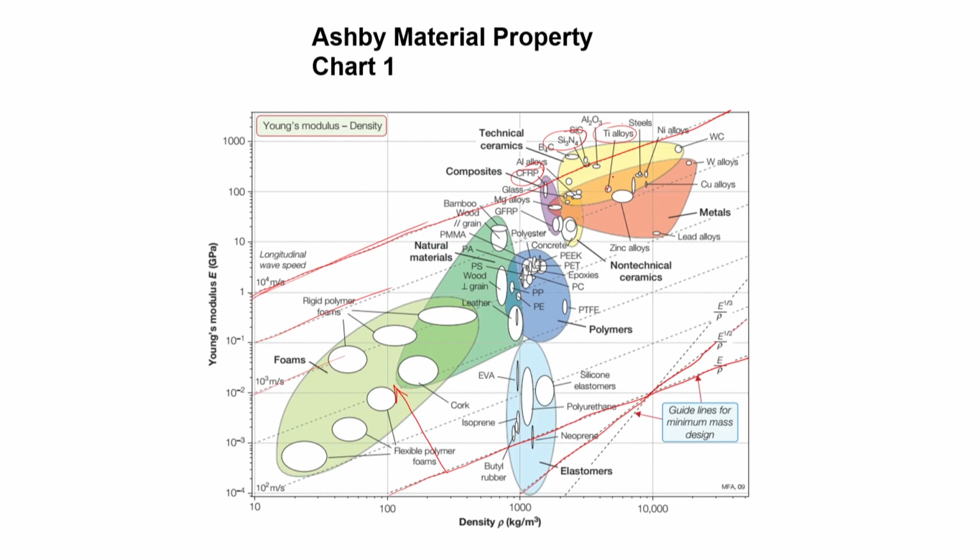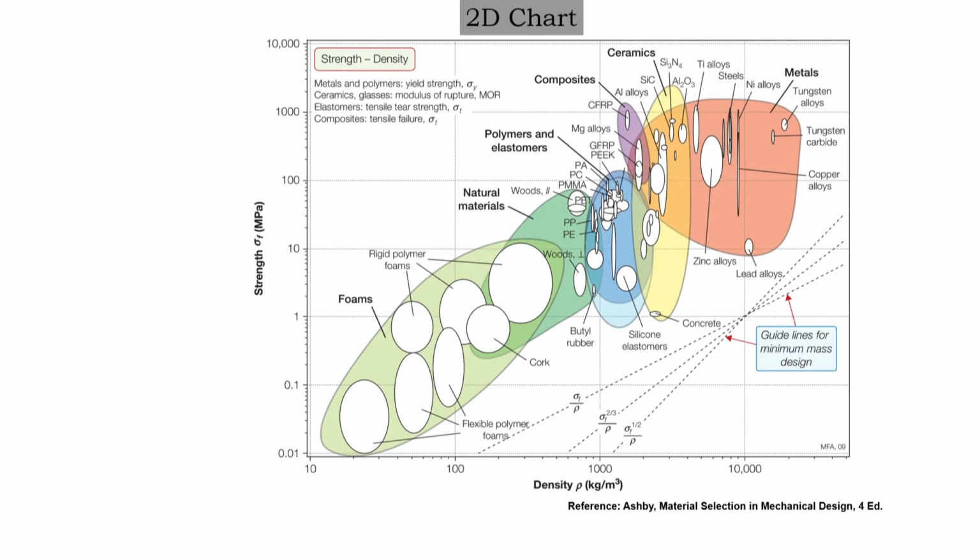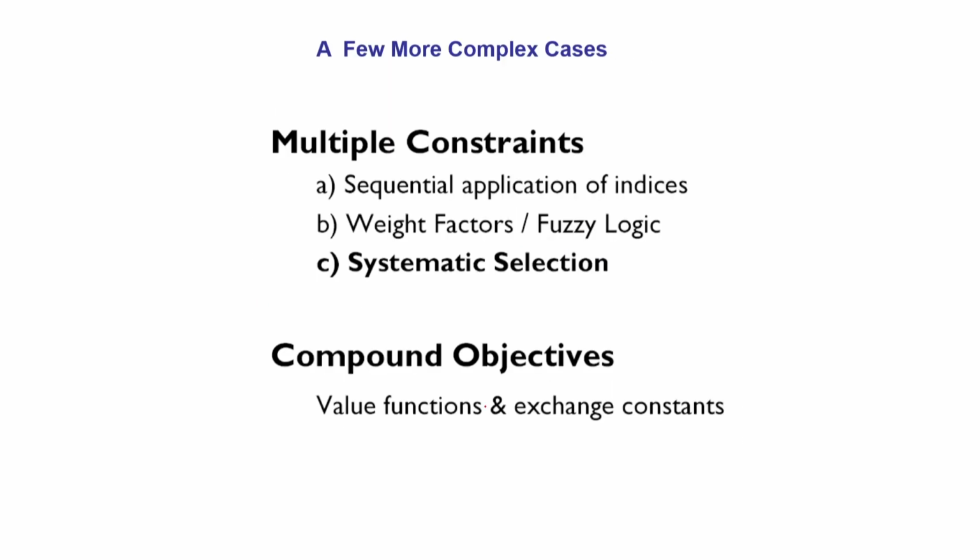So, Al2O3 ceramics would mostly not come. That is the way you can use Ashby's chart, and it is not only for modulus of elasticity, but also for the strength density. You can use this chart if you want to maximize the strength, once again corresponding to different types of slopes. You can draw that, and then you can actually utilize it.